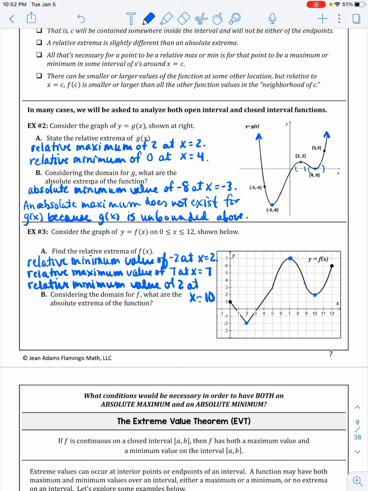So we have absolute minimum value of -2 at x equals 2, and we have an absolute maximum value of 7 at x equals 7.